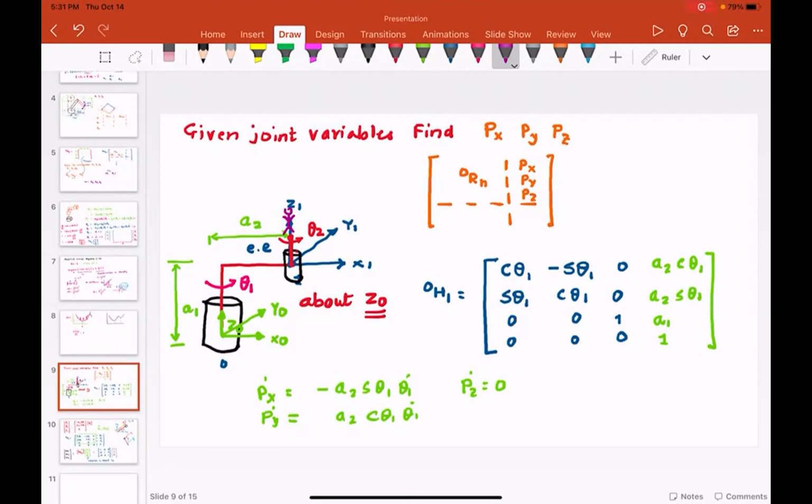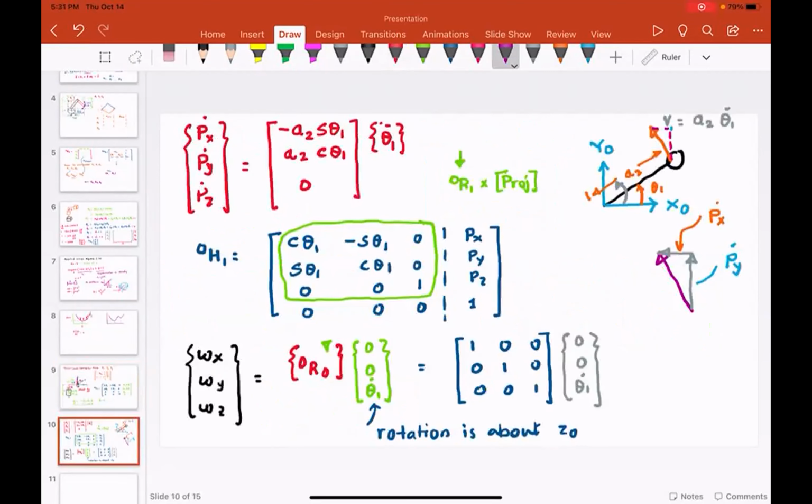So if I want to address this problem, how would I do this? Procedure is exactly the same. Now, how many joints do I have? 2 joints. So I'm going to add one more matrix. This rotation is about Z1. Do you agree with me?